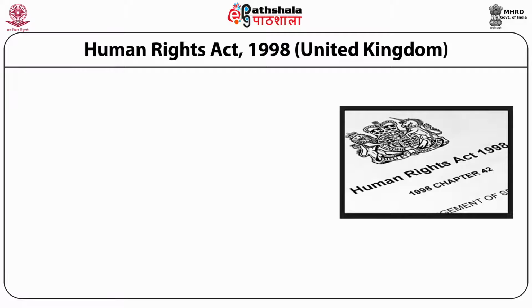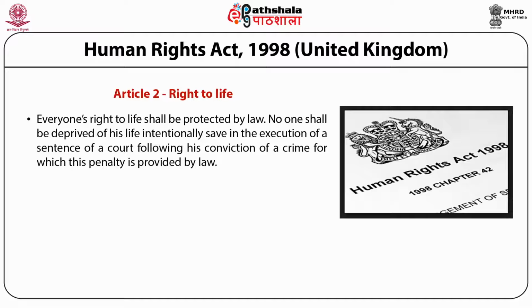However, all of that changed in the Human Rights Act 1998, and one of the most important articles is Article 2, the right to life. The article simply states that everyone's right to life shall be protected by law. No one shall be deprived of his life intentionally save in the execution of a sentence of court following his conviction of a crime for which this penalty is provided by law.